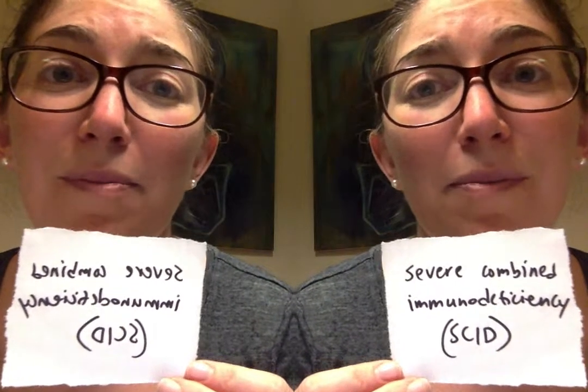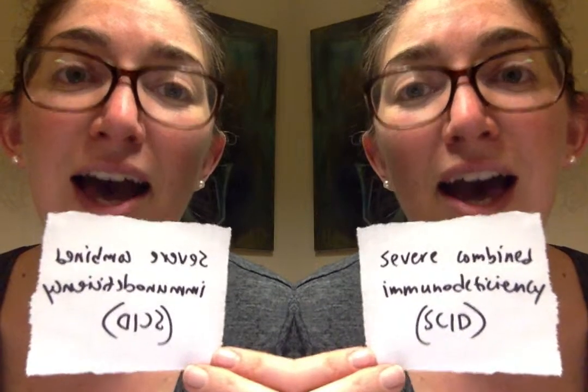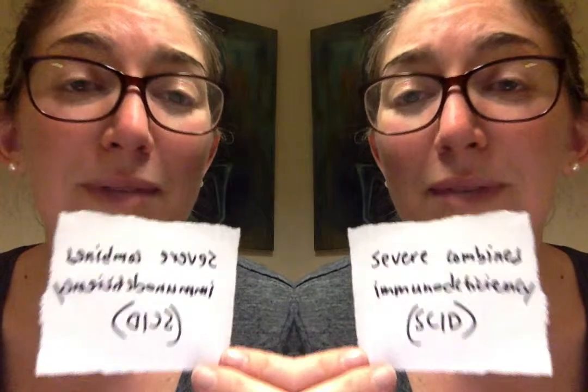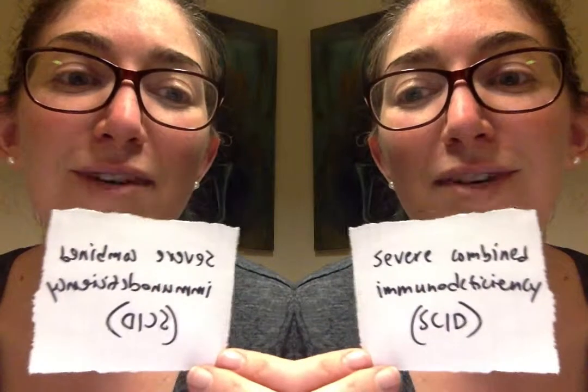People with this condition are sometimes referred to as a bubble boy or a bubble girl. They really have no immune system, and they have to be hyper vigilant about their exposure because they have no adaptive immune response due to this severe combined immunodeficiency.